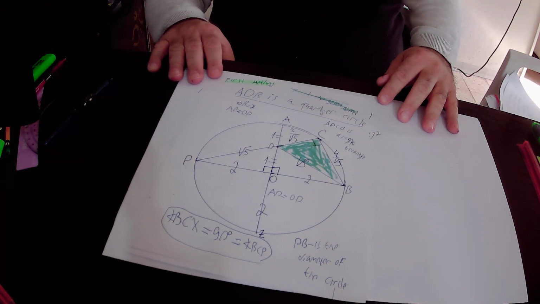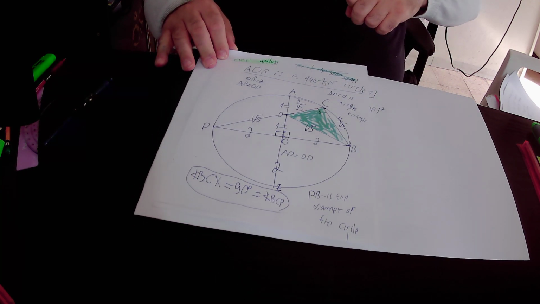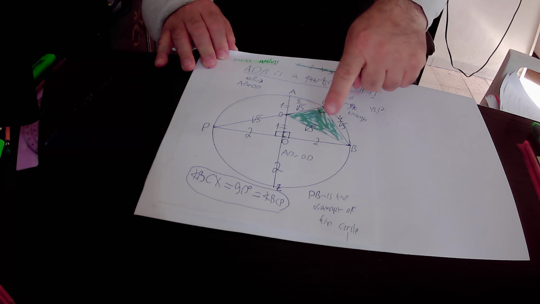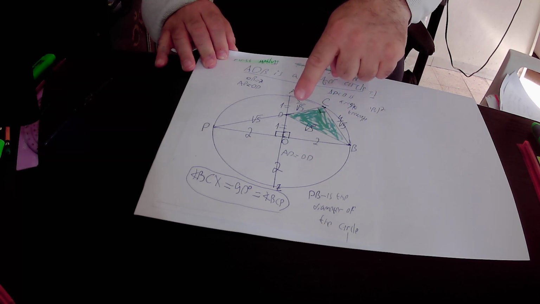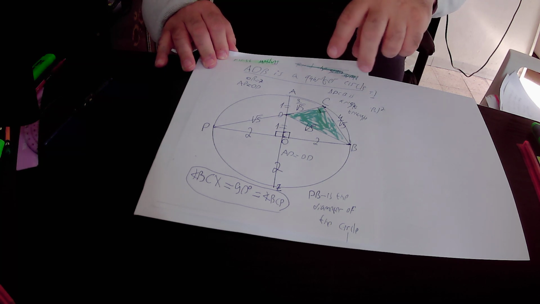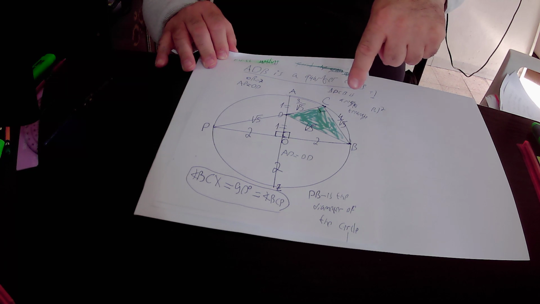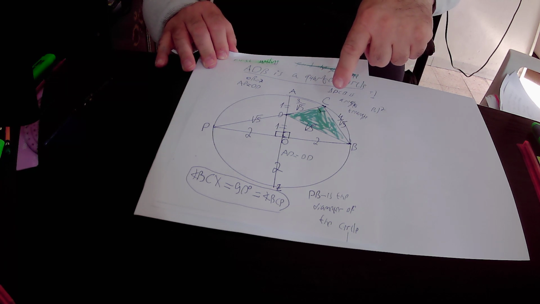So here we have a quarter circle, side OB equals 2 units, AD equals DO. Inside the quarter circle we have the right blue triangle, triangle OCB. And we want to find the area of this right blue triangle, triangle OCB.